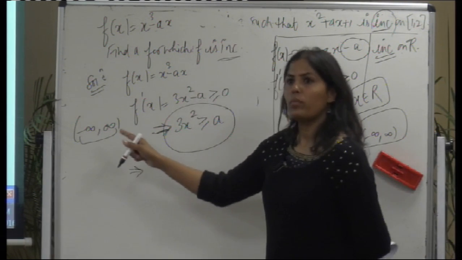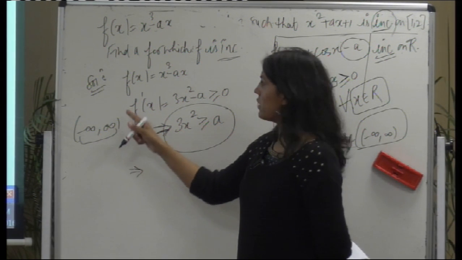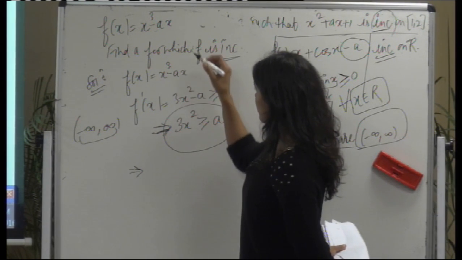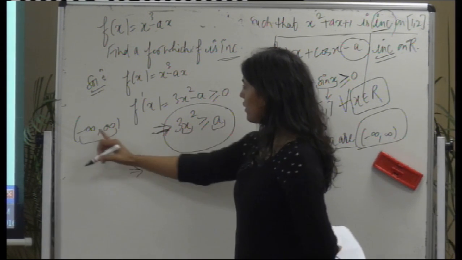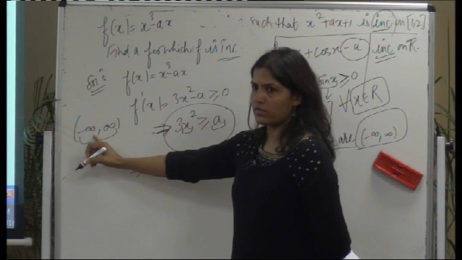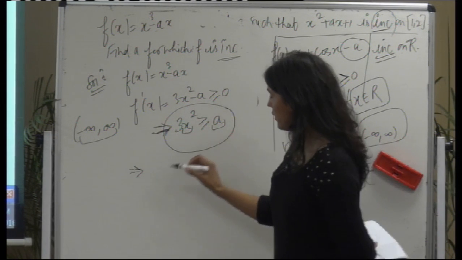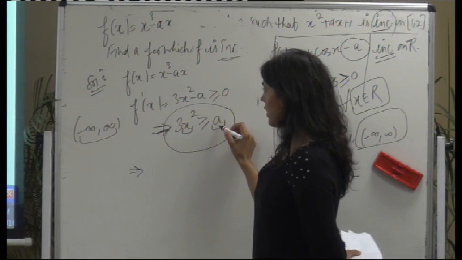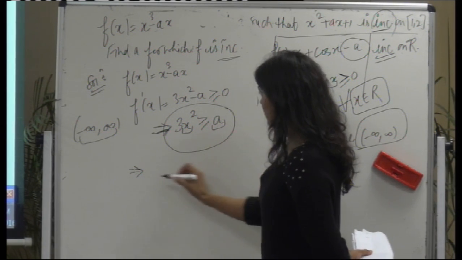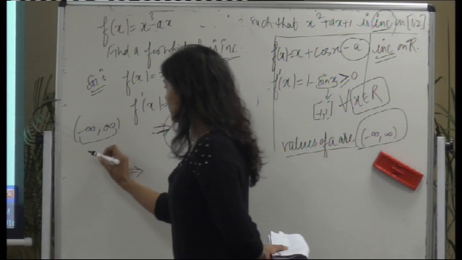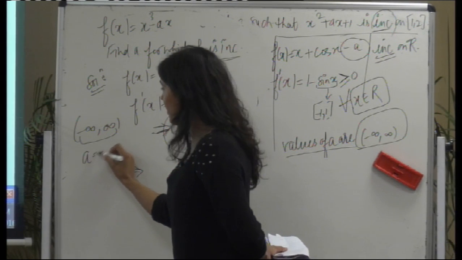Please put in any value now. You are saying that for this, the a value should be any number. You are saying, okay. I'm just now clearing your point. If I take a as minus 10, okay, minus... Oh, I'm not taking minus 10. I'm taking a as 20.